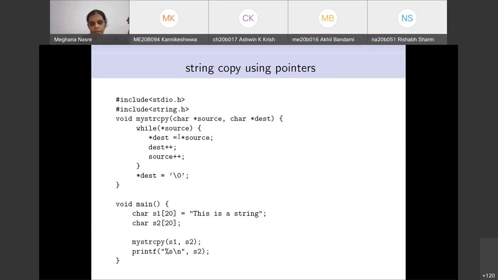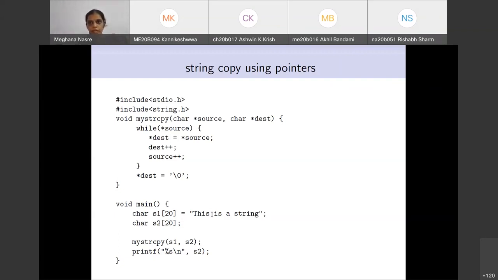Till 5 there won't be any problems. After this, you are accessing memory locations which are not in your program's control. So you may get a seg fault, you may not, and it depends on the execution of the program. When you do dest plus plus, it accesses the address next to the last element in S2, but that address isn't actually a part of S2.